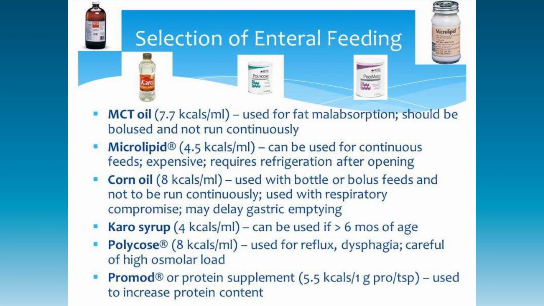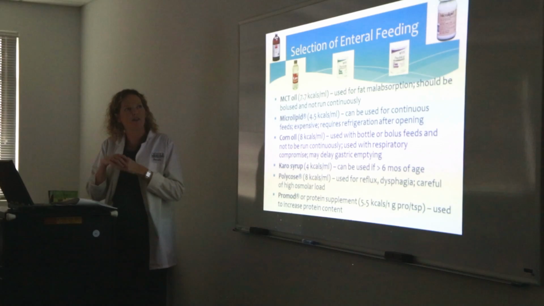is used for infants that might have fat malabsorption because it's the medium chain triglycerides. You don't want to give it as a continuous tube feeding because it can actually coat the inside of the feeding tube and cause a clog. But it's okay for a bolus feeding or the gastric gavage. Microlipids is another fat additive. It's made by Nestle.